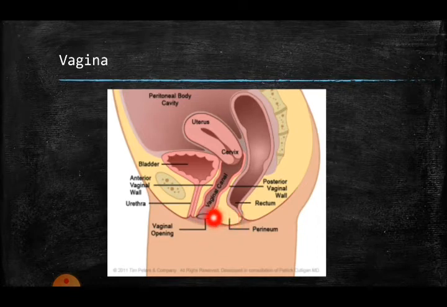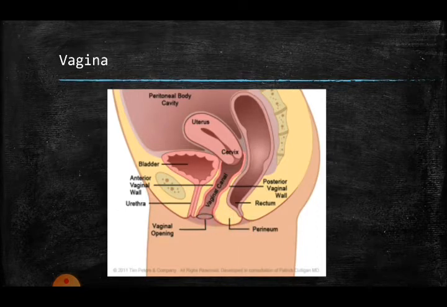Next, this is the roughly triangular area that we called the perineum, and we know that this was the area between the vestibule anteriorly and the anus posteriorly. Then comes the rectum, and this will be the anus.